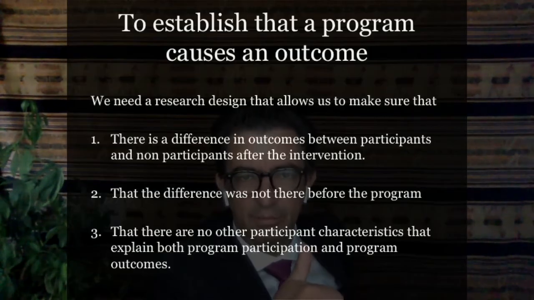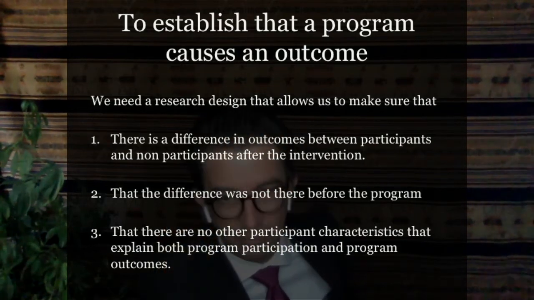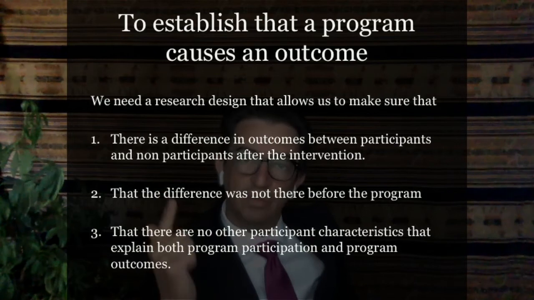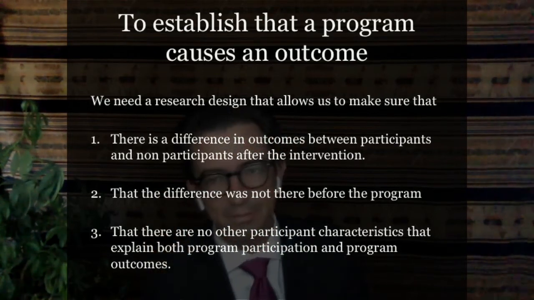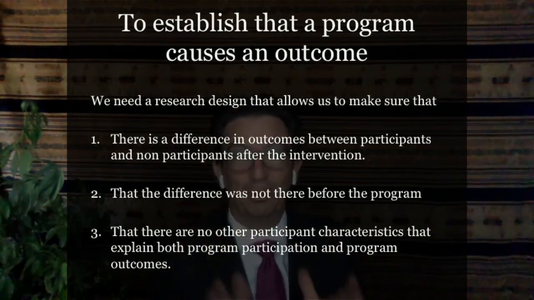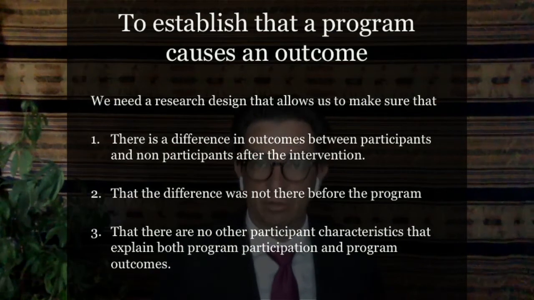We need to prove a difference between participants and non-participants. We need to prove that the difference was not there before the program. And we need to prove that this difference is not explained by some characteristic of program participants that caused both them to be in the program and also some difference in the outcome.